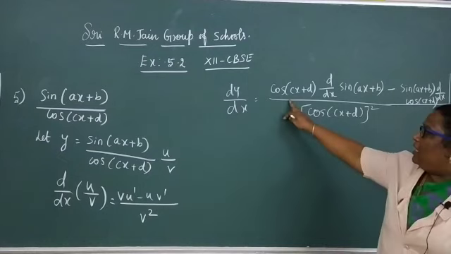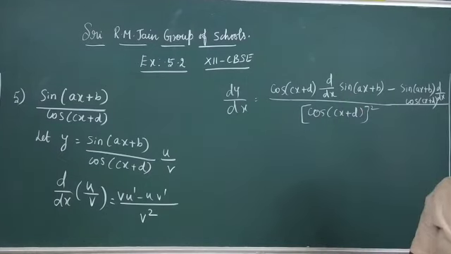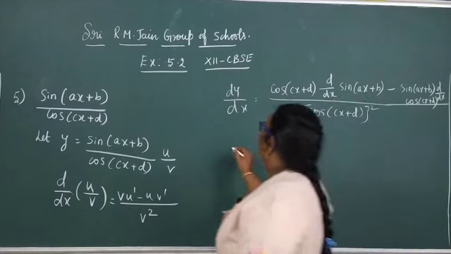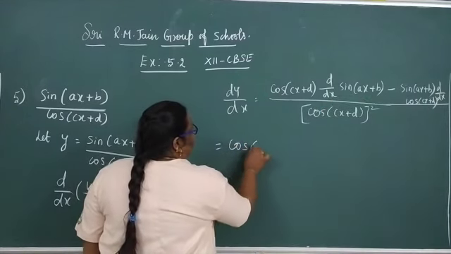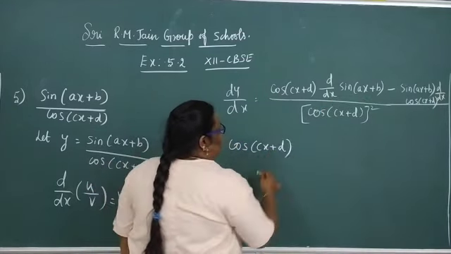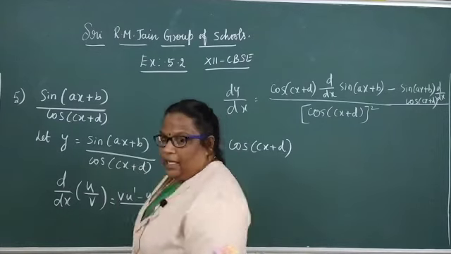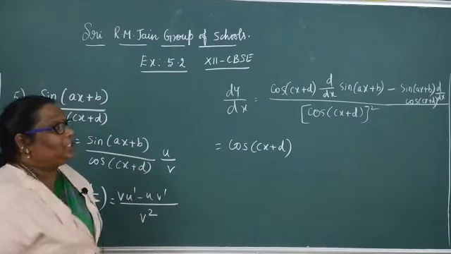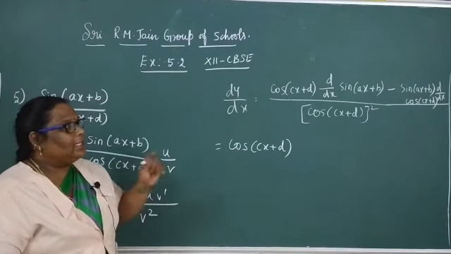See here, v u dash, that is cos of cx plus d into d by dx of sine of ax plus b, minus u, which is sine of ax plus b, into v dash, which is d by dx of cos of cx plus d.